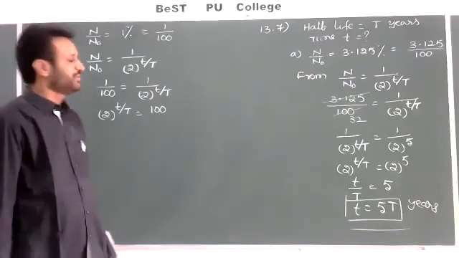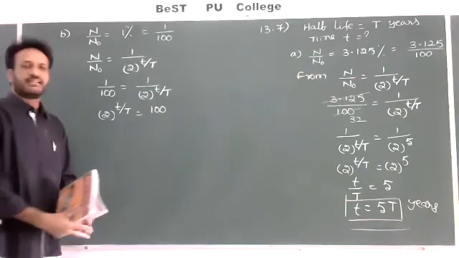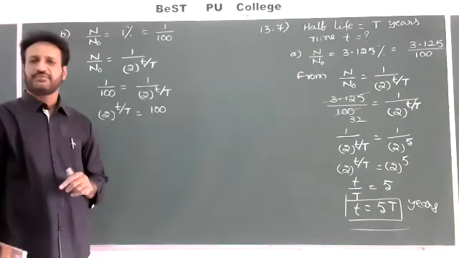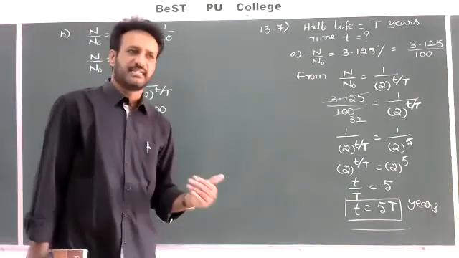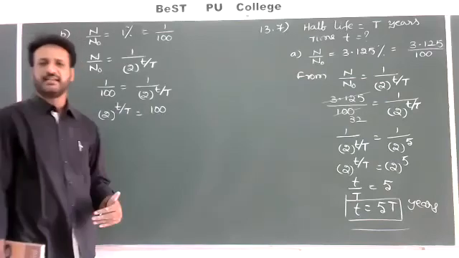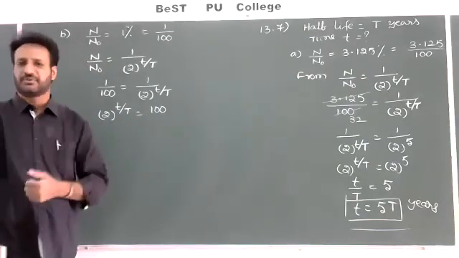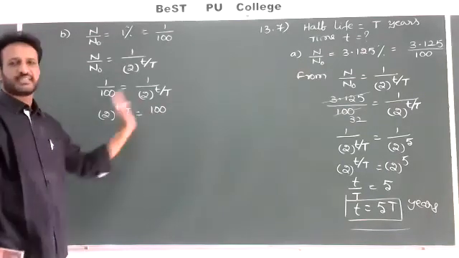Now we should calculate the small t value in terms of capital T, same process. But here, 100 we cannot write as a power of 2. We can only write 2, 4, 8, 16, 32, 64, 128, 256, 512, 1024 and so on as powers of 2. But 100 we cannot. That's why we should take a log on both sides.